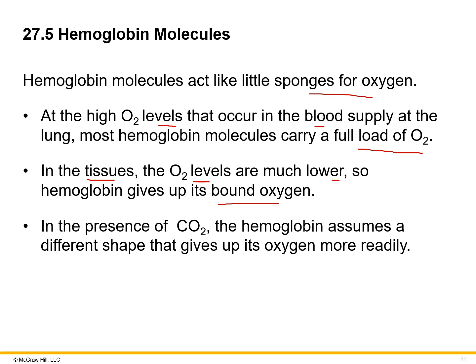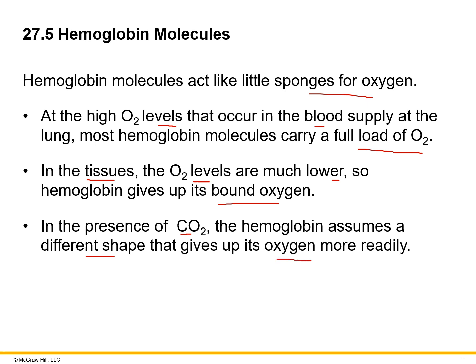Because again, diffusion means things are moving from a high concentration to a low concentration. In the blood, because hemoglobin is saturated, there's a lot of oxygen. Our tissues don't have a lot of oxygen, so that's going to allow the oxygen to move into our cells. And if carbon dioxide is present, so if we've already gone through metabolism and we need to get rid of that waste, then hemoglobin takes on a slightly different shape than it normally does.